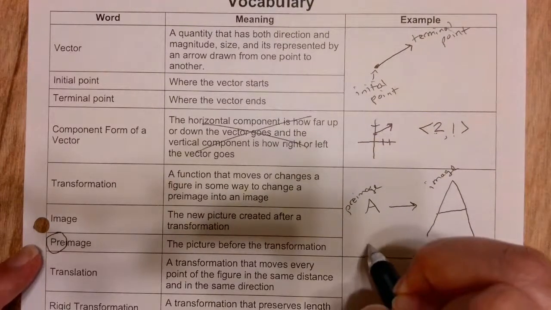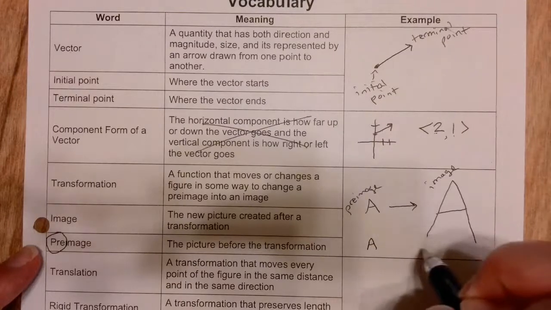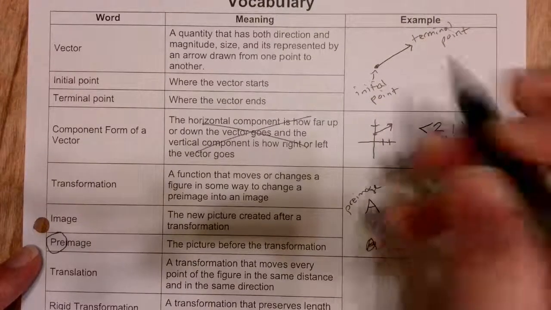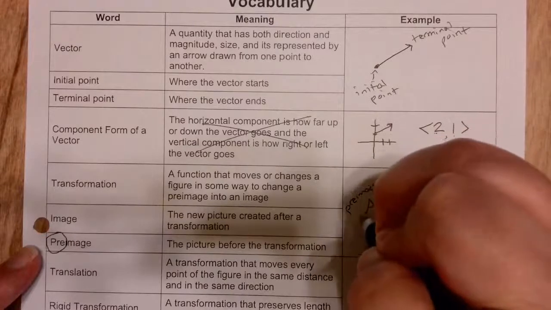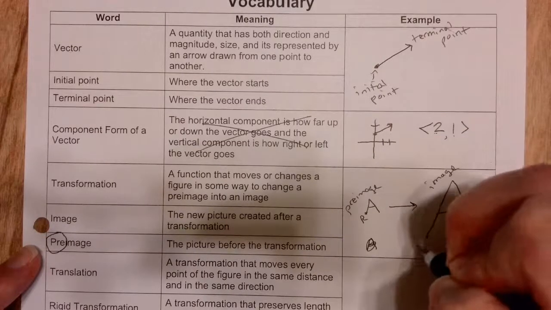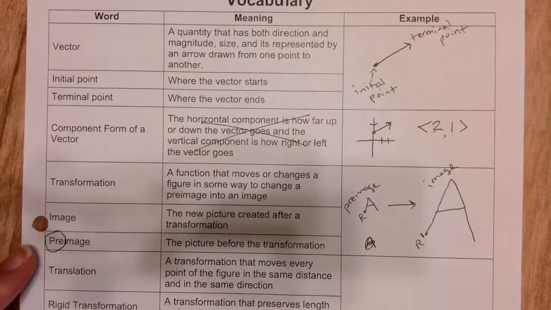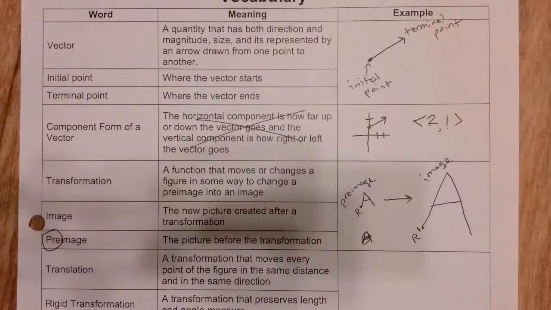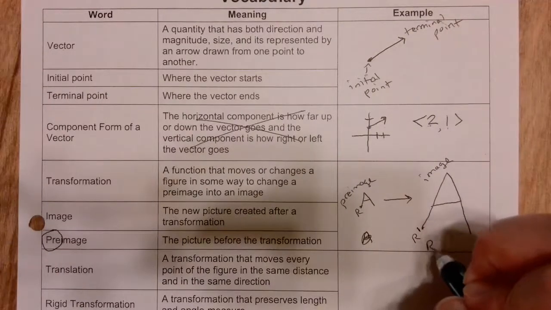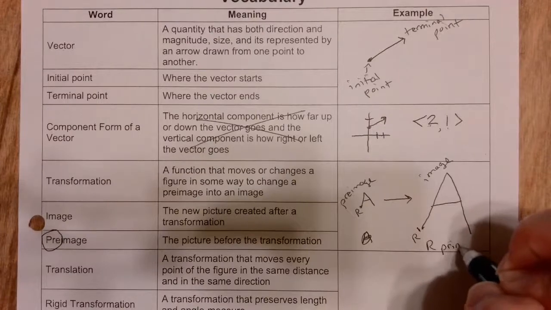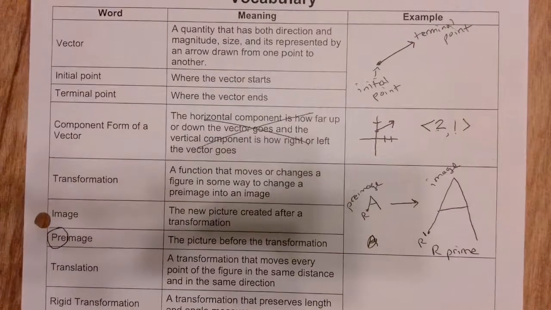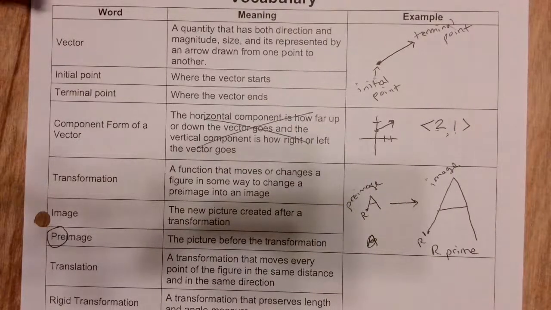And we typically say if this is point R, this point would be R prime. It gets a little apostrophe type mark after it, R prime. Optimus Prime, I don't think that's a coincidence for his name.